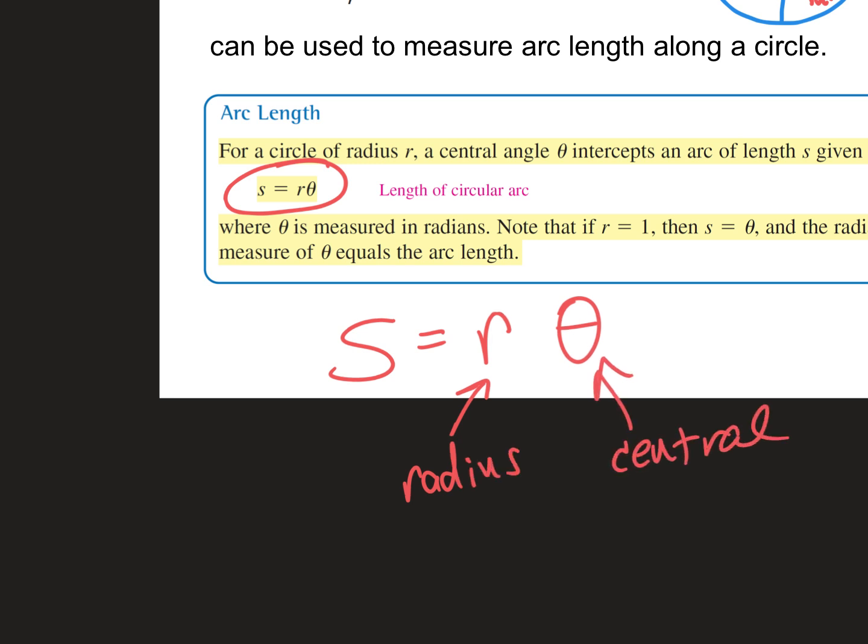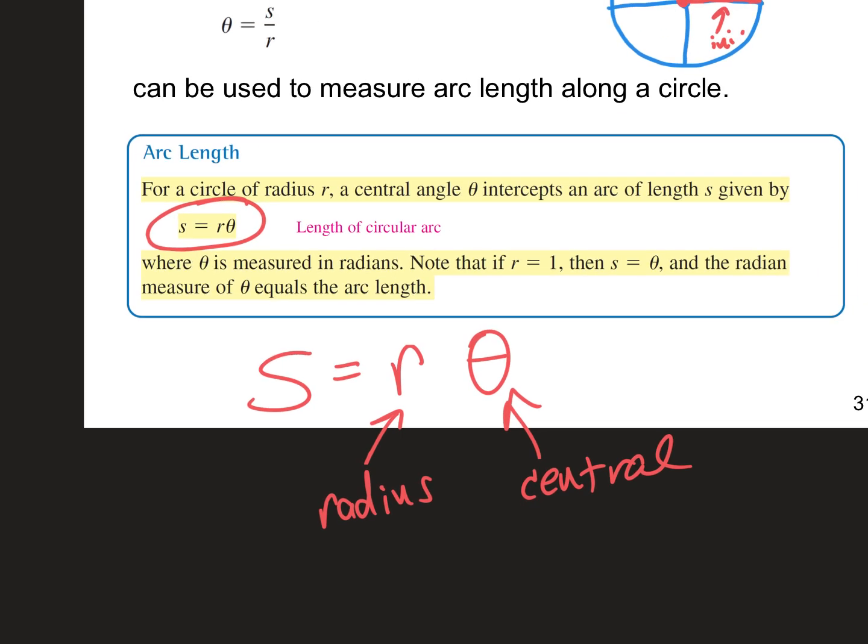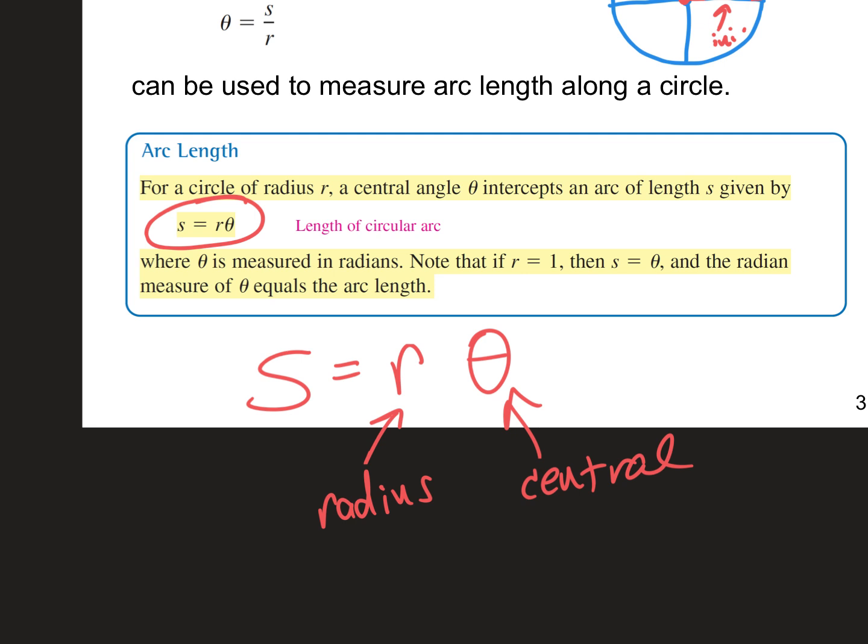Now you might have a question where they give you the arc length and the radius, and you have to find the central angle. Or they might give you the central angle and the arc length, and you have to find the radius. You're just moving things around. You guys know how to algebraically do that. The thing that makes this a teeny bit difficult is if you read this, the arc length is measured in radians. When they give you the central angle, they might give it to you in what do you think?